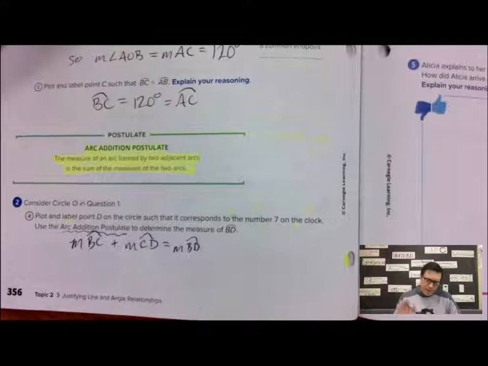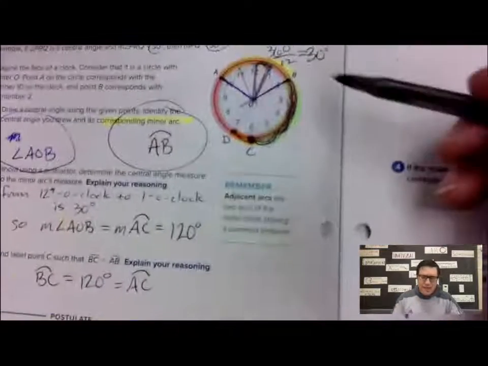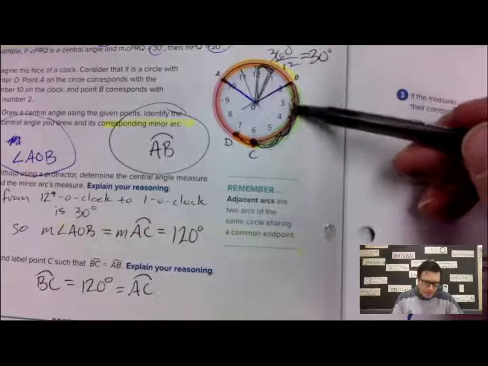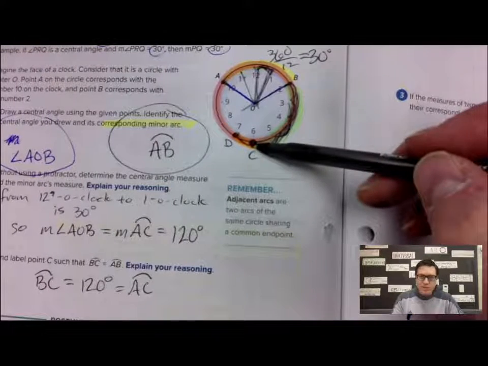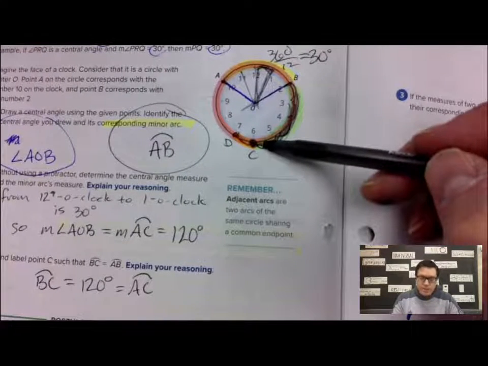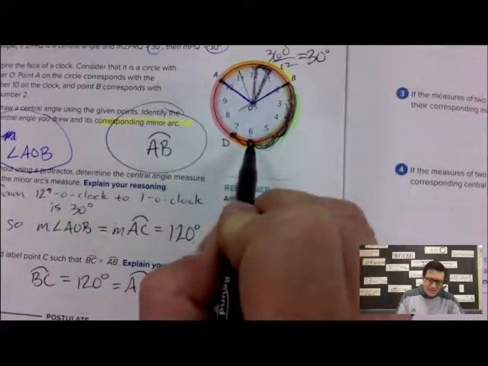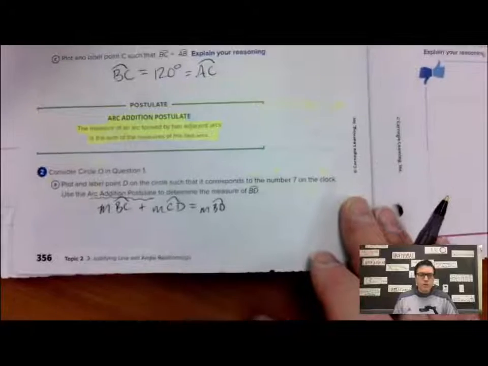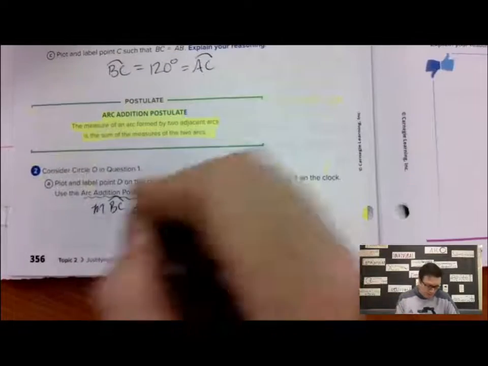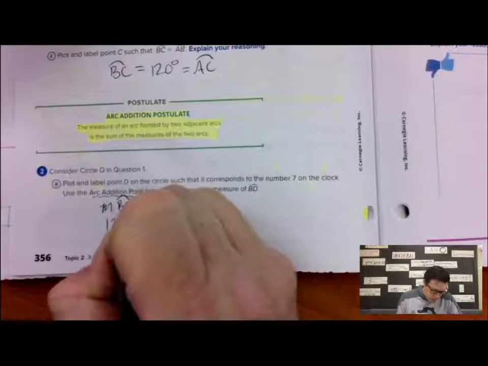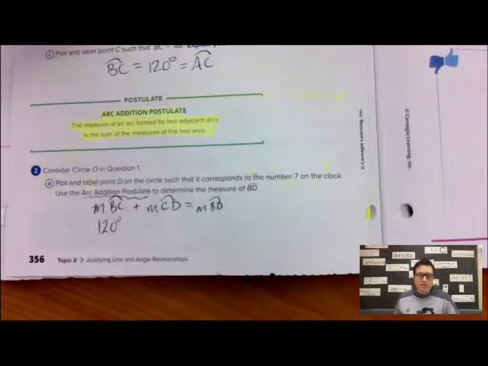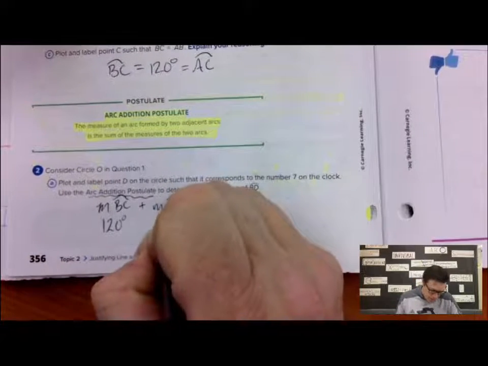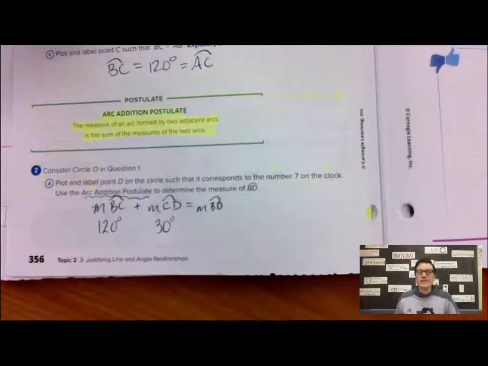If I remember back, BC as a measurement goes 30 plus 30 plus 30 plus 30 degrees. That's 120 degrees. From 6 to 7, the other arc is 30 degrees. So I can use those numbers to substitute into my equation. 120 degrees is the measure of arc BC, and 30 degrees is the measure of arc CD.